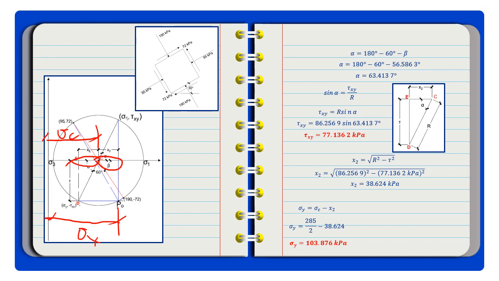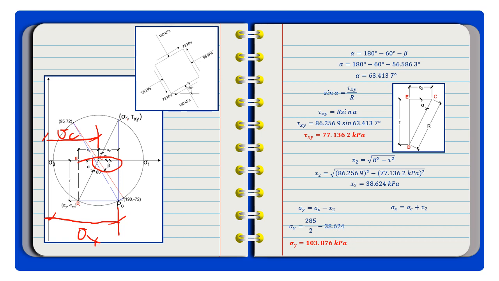So, ibig sabihin, we could have the equation sigma x is equal to sigma c plus x sub 2. So, i-add lang natin kay sigma c yung x sub 2 na nakuha natin kanina since that is on the right side of our center.